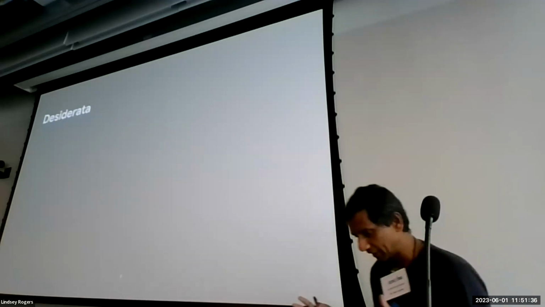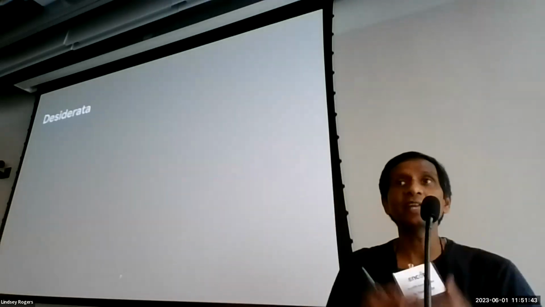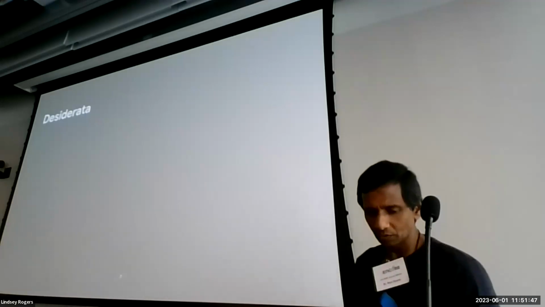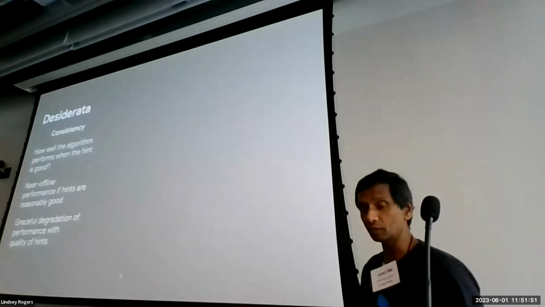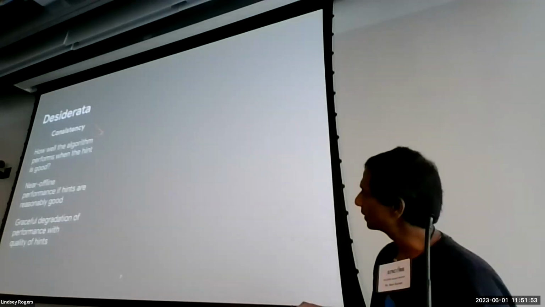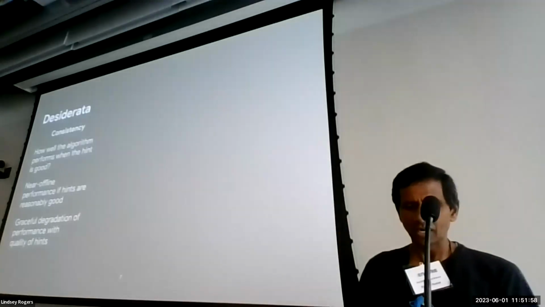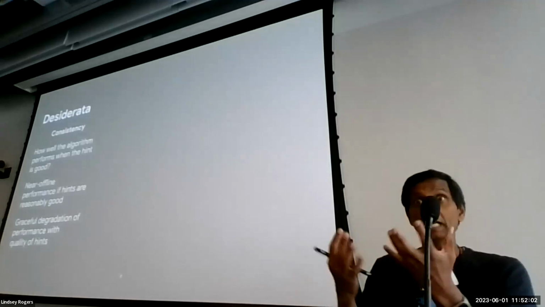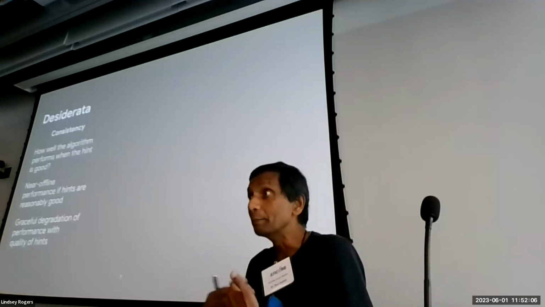Okay, so now that we have set up the framework, we have online algorithms, and we have machine learning models that can hopefully help the online algorithms. So what do we want to achieve with this? There are three basic desiderata that we want to focus on. One is what is called consistency. The idea is very simple here. If the hints are really good, if they are really able to tell about the future, how well can the algorithm make use of it?